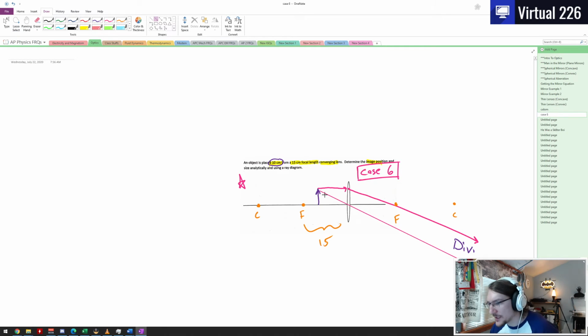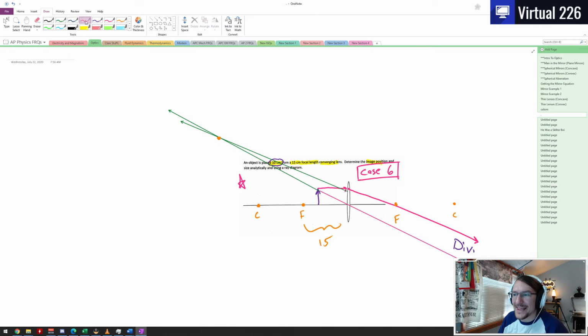To backtrack, I'm just gonna take a point on the line and then make that line go parallel backwards, very, very long. And then I'll do the same thing here. It looks kind of like that, which means that out here where these lines have intersected, this is my image.